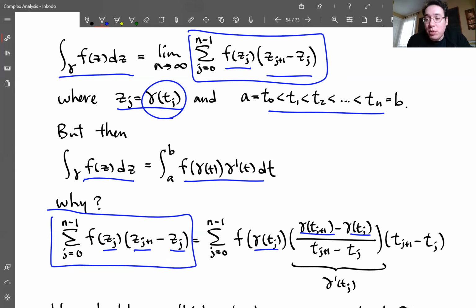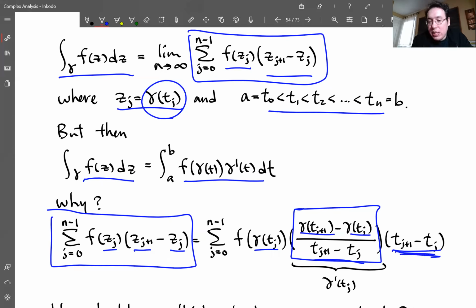And what I'm going to do is multiply and divide by t_{j+1} minus t_j, at top and bottom. Now this factor right here is going to approach the derivative of gamma, because it's the difference quotient.